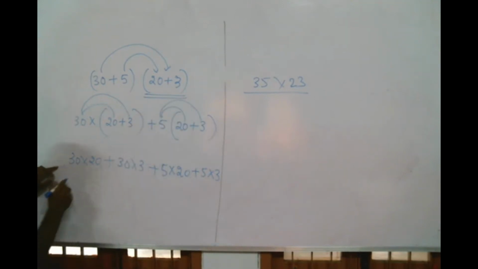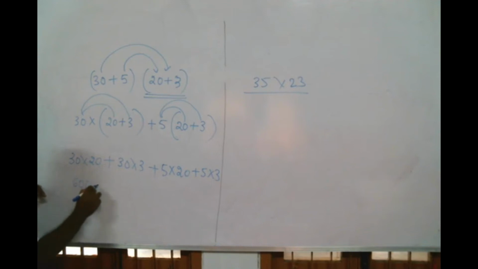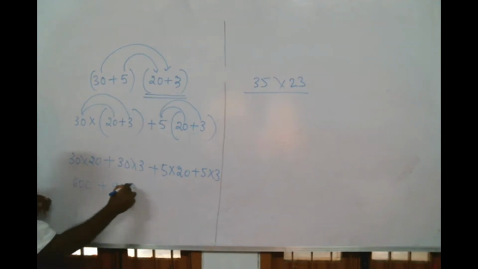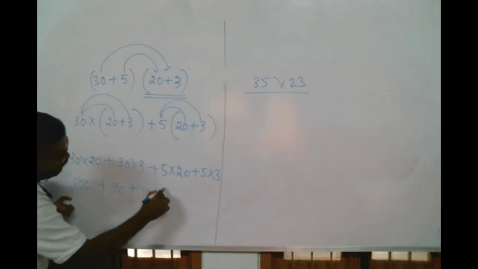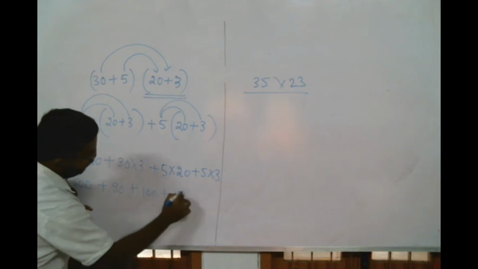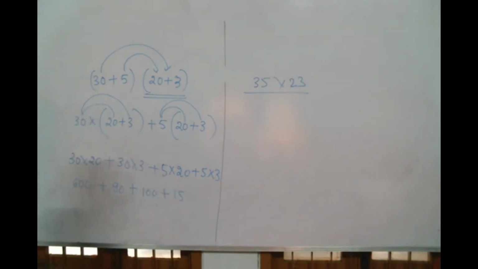So now you simplify: 30 into 20, you will get 600, plus 90, plus 100, plus 15. So now after adding all these, you are going to get your answer.